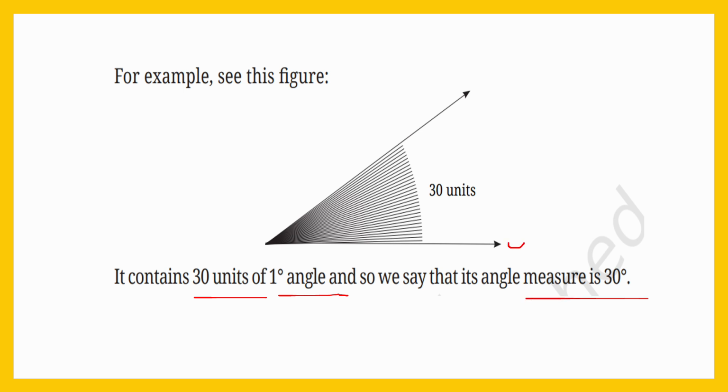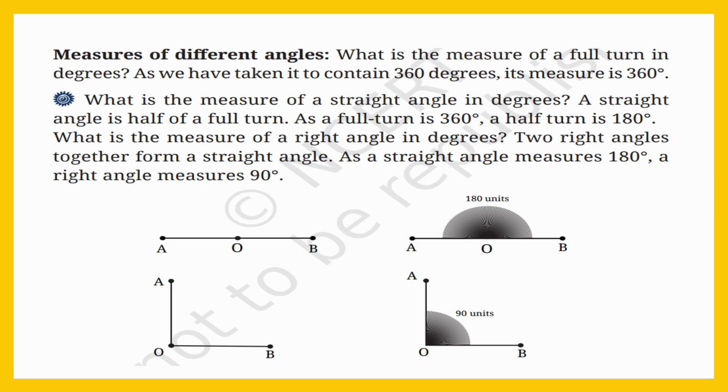Here it is 0 degree and here it is 30 degree. Inside this you can see so many 1 degree units: 1, 2, 3, 4, 5, 6, 7, etc. up to 30. So it contains 30 units of 1 degree angle, and we say that its angle measure is 30 degrees.